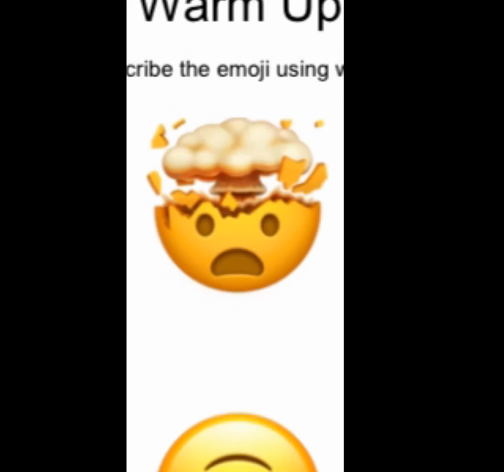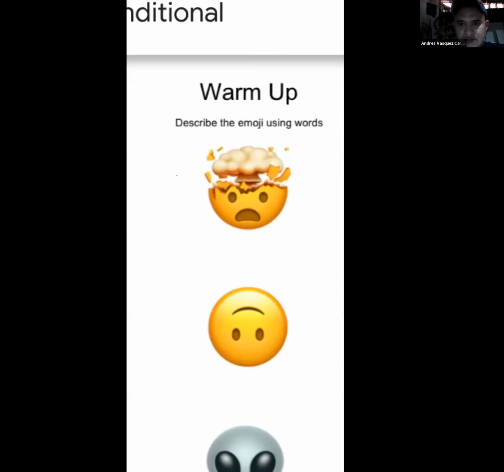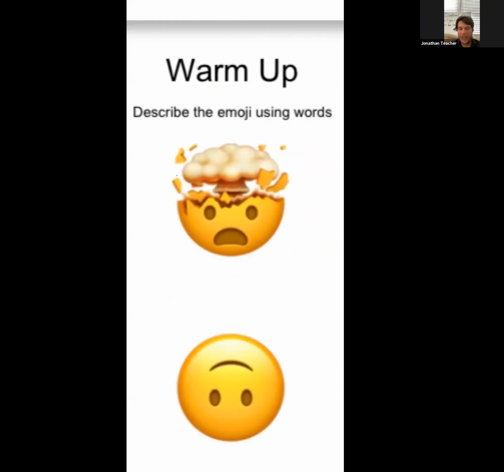So like the face, maybe we could say the face is exploding. Like this is an explosion. Can you describe this picture using words? Anybody? Does anybody want to try?